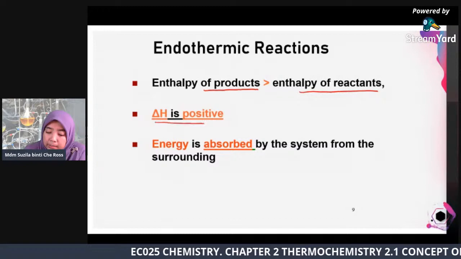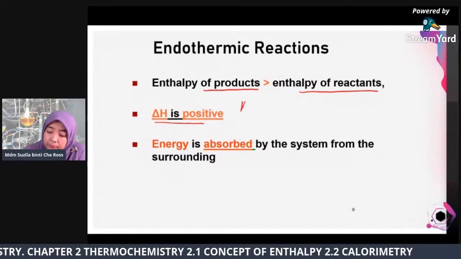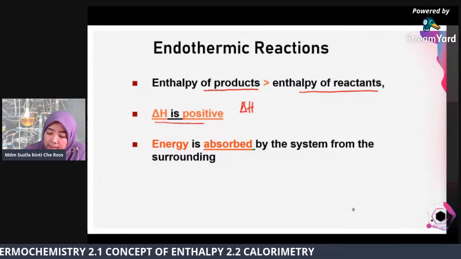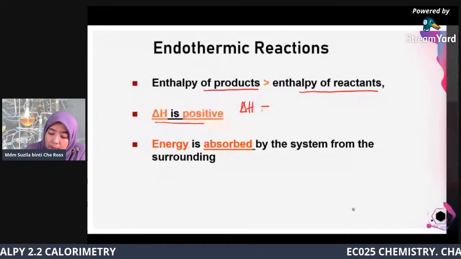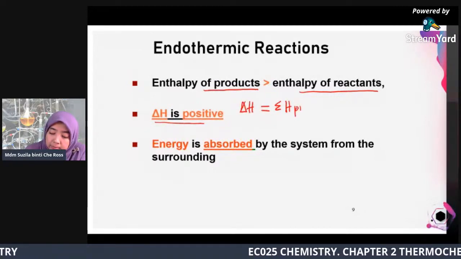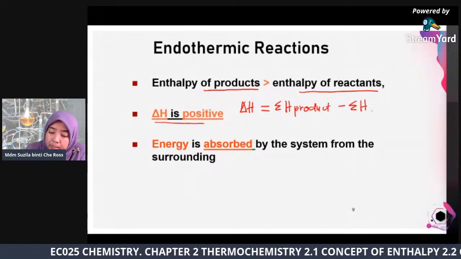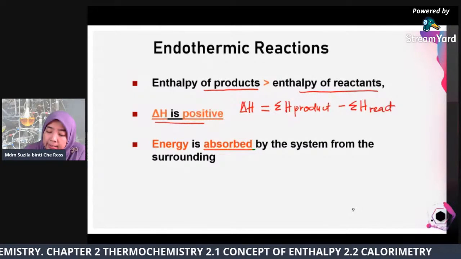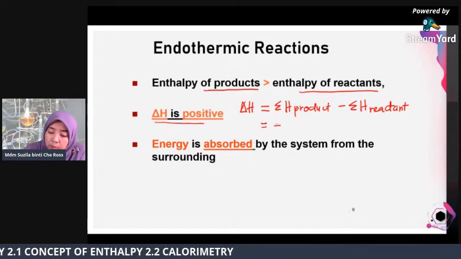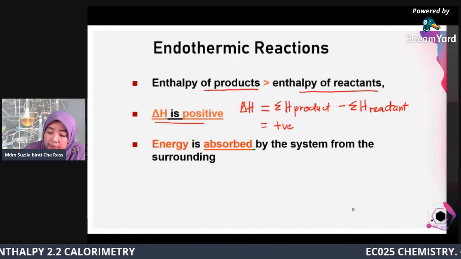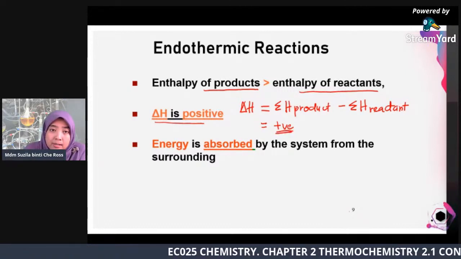Like the formula for delta H I just mentioned, delta H is equal to the summation of enthalpy of the product minus the summation of enthalpy of the reactant. In this case, the enthalpy of the product is greater than that of the reactant, so of course delta H will be positive. The positive value shows that the energy is absorbed by the system from the surrounding.